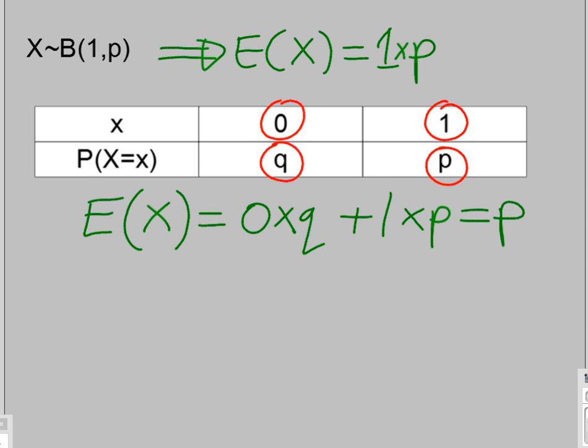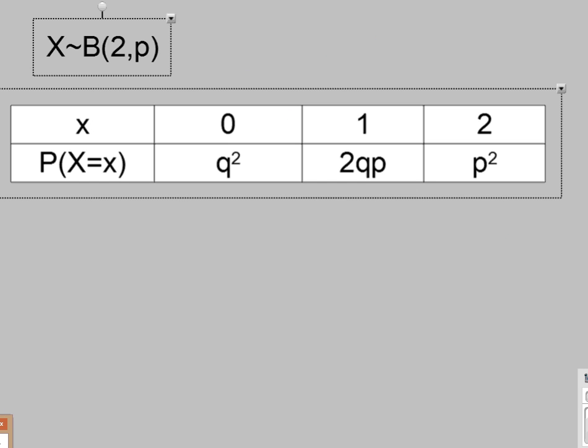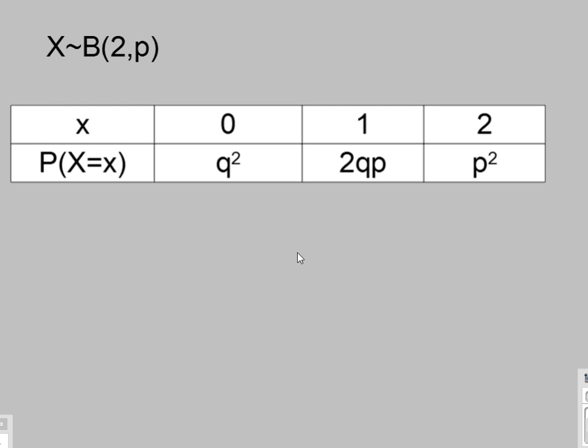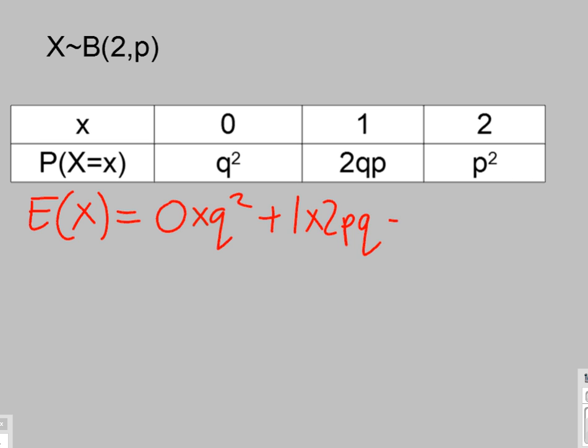That's always the procedure. I'm going to pause the video for a second for you to do the same for this one. Well, we proceed exactly the same way. 0 times q squared plus 1 times 2pq plus 2 times p squared.